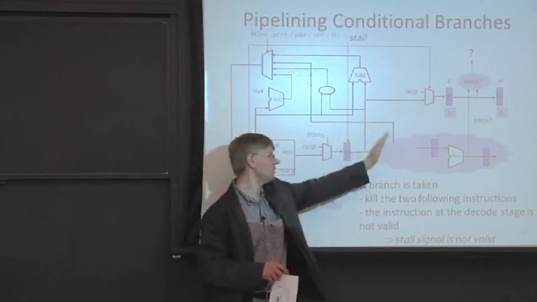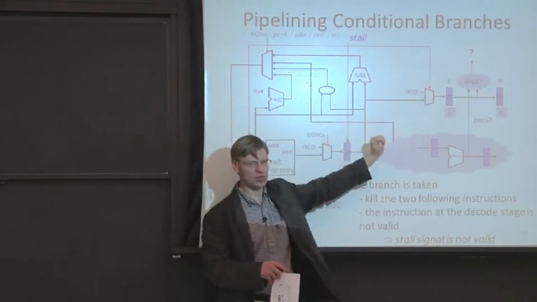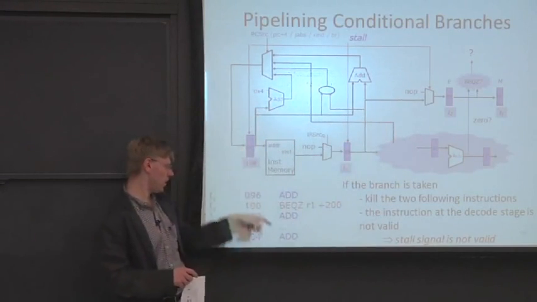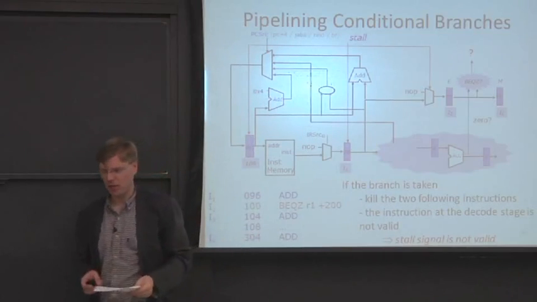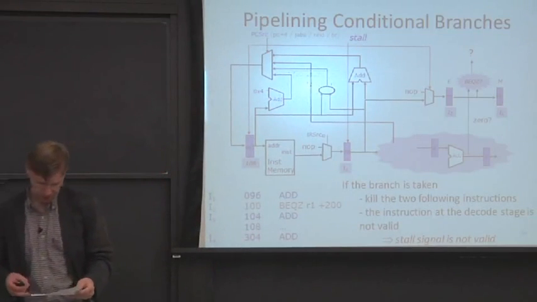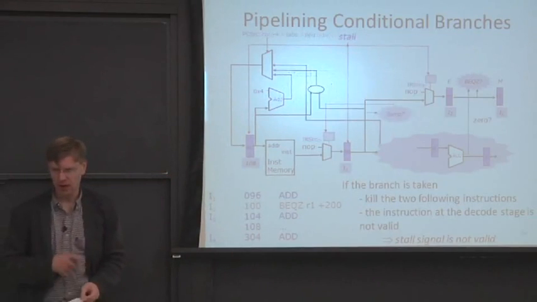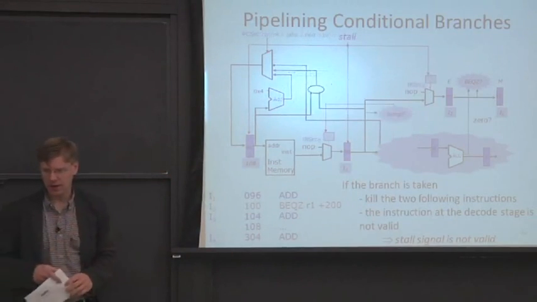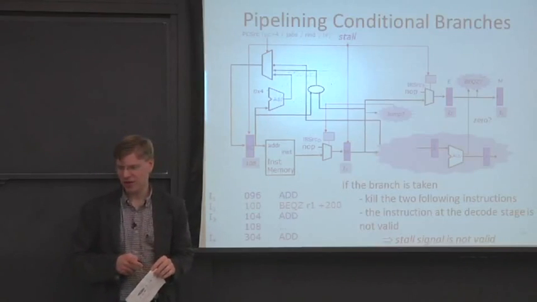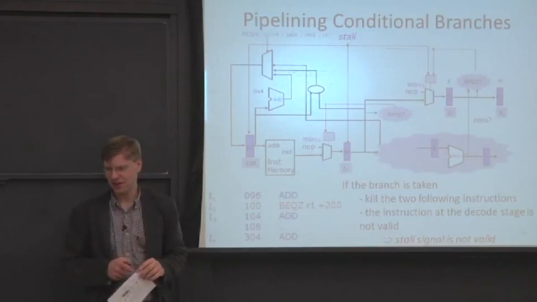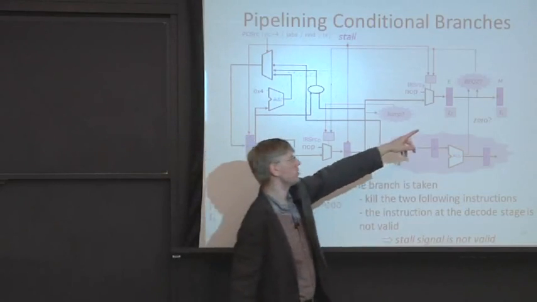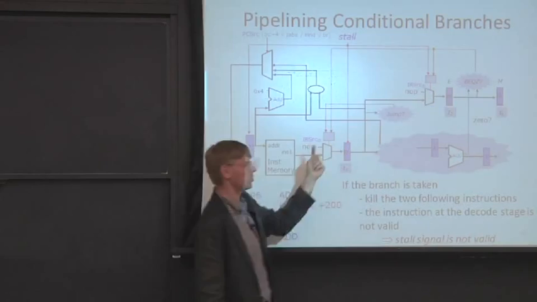So instead, you need to kill, sort of turn these all into no-ops, and redirect the front of the pipe to go fetch the actual target of your conditional branch. Sorry, this is just drawing now that this branch information has to go into this multiplexer and go into this multiplexer.